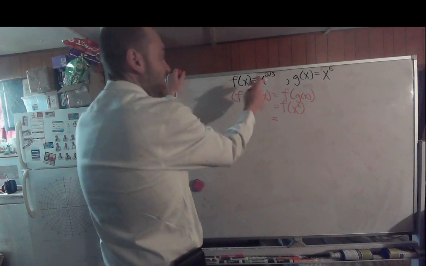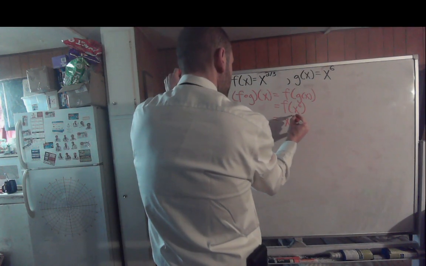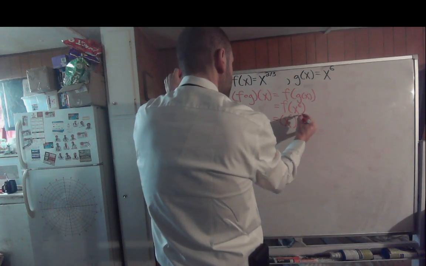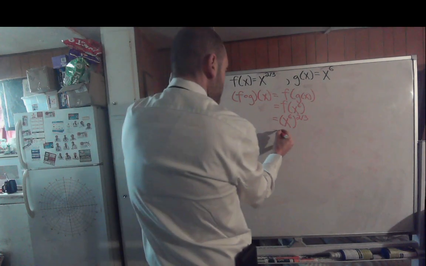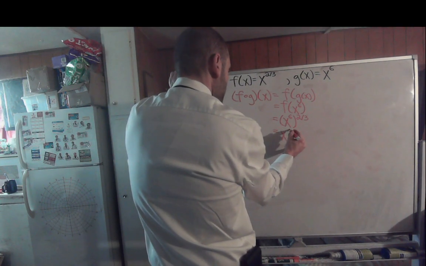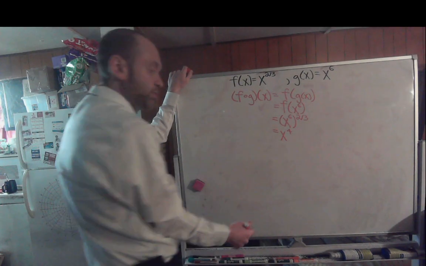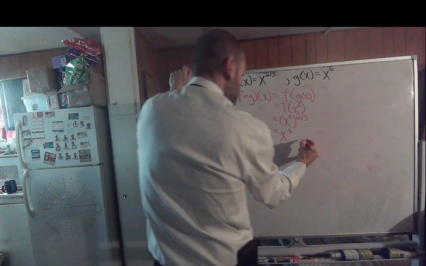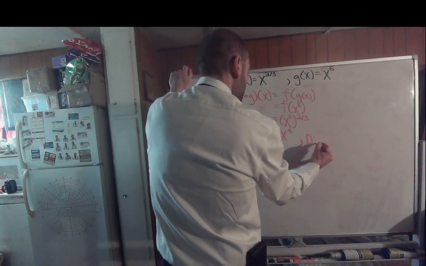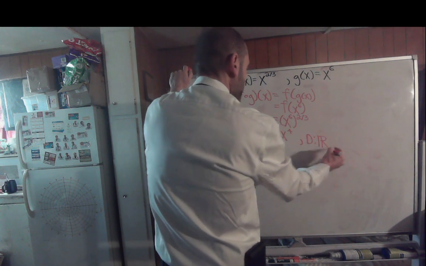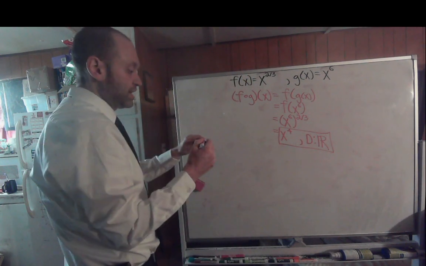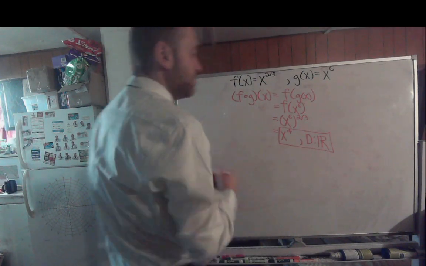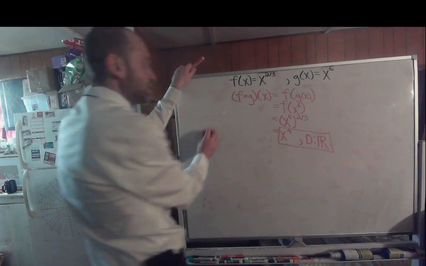So if I put in x to the 6th for that x to the 2/3, so x to the 6th raised to the 2/3 power, that would end up giving me x to the 4th. And since it's a polynomial, or more specifically a monomial, the domain's going to be the set of all real numbers. So f composition g of x is x to the 4th. The domain's a set of all real numbers.